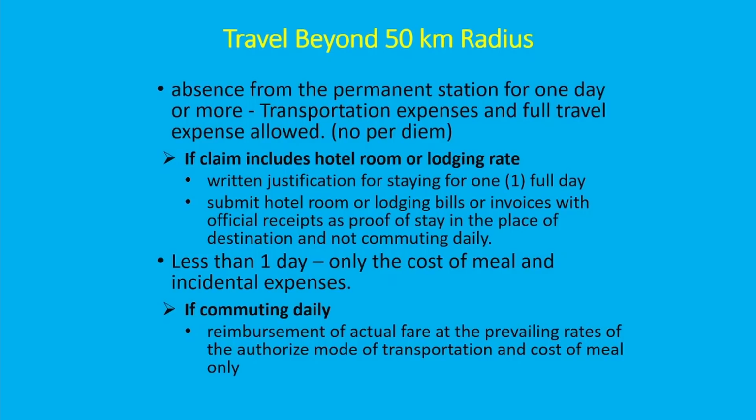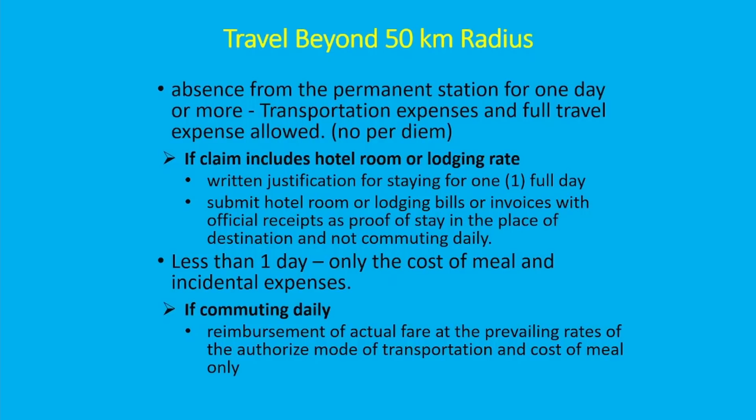If the claim includes hotel room or lodging rate, there must be a written justification for staying for 1 full day. Submit hotel room or lodging bills or invoices with the official receipts as proof of stay in the place of destination and not commuting daily. If it's provided in your uniform fare matrix, no need to provide for the hotel and lodging.